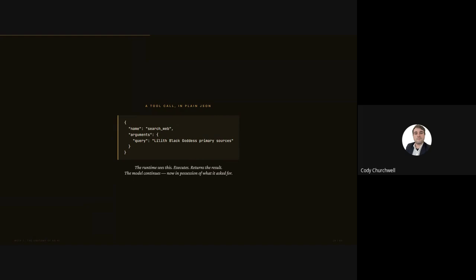So the model writes something like name: search web, arguments: Black Goddess primary sources. It will then perform a web search, or a Google search, as most people like to know it as, using that query. So, as you can see, the actual name is search web. That is the actual tool call function.